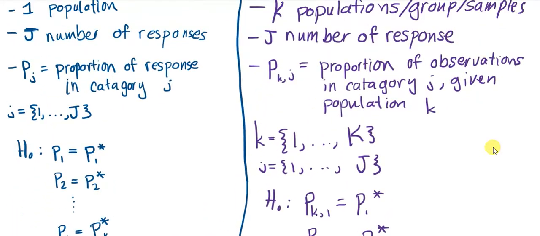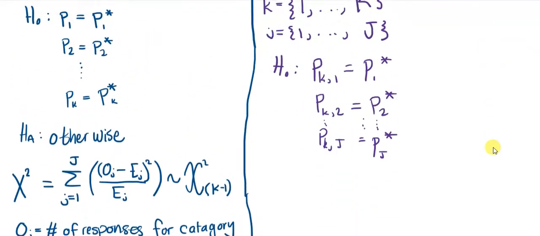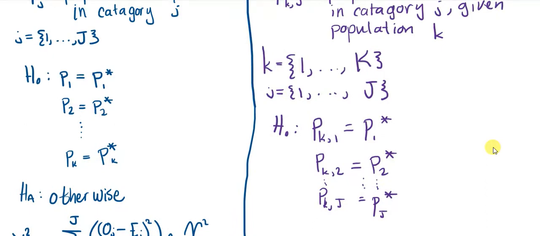And I just realized I had switched to k's on the opposite side. So these two values should have been a J.